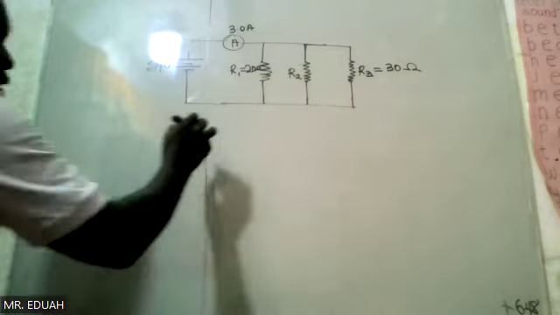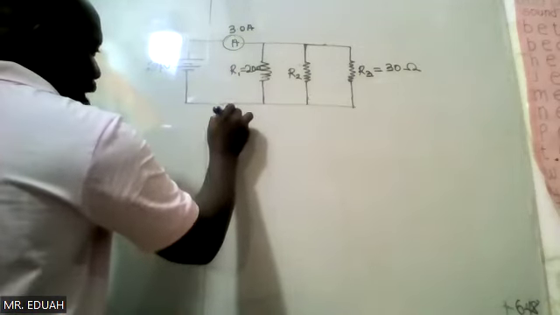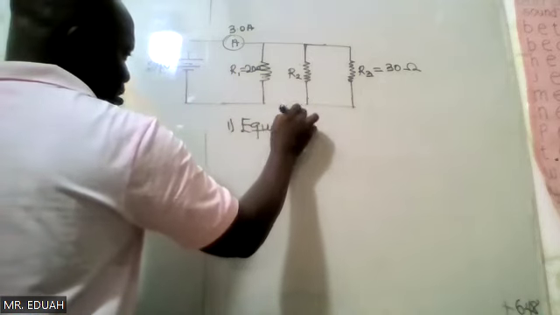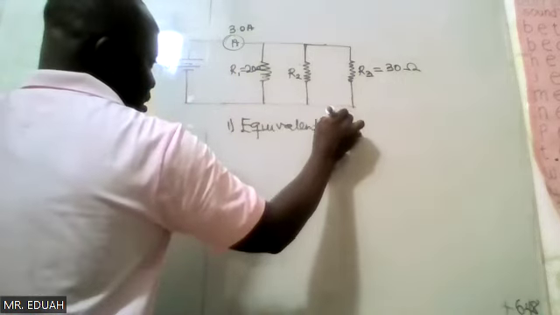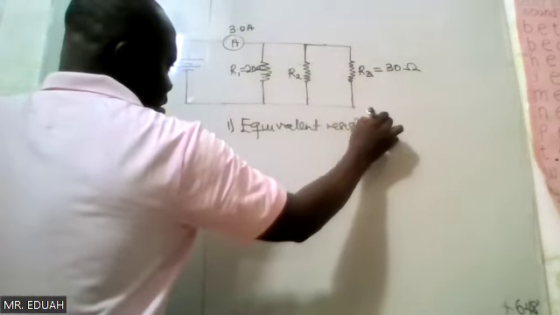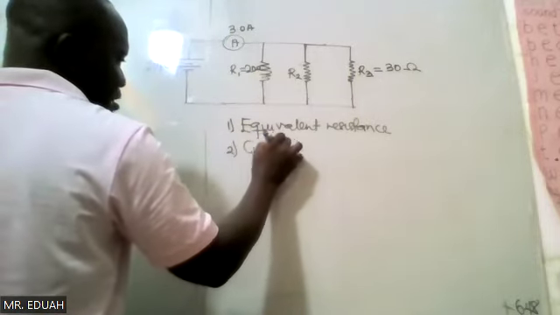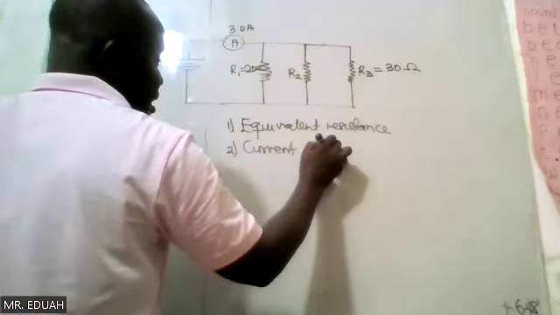So we are looking for one, equivalent resistance, then 2, current in R1.